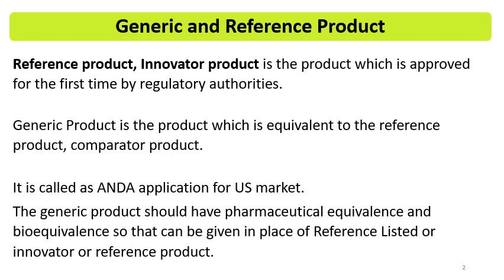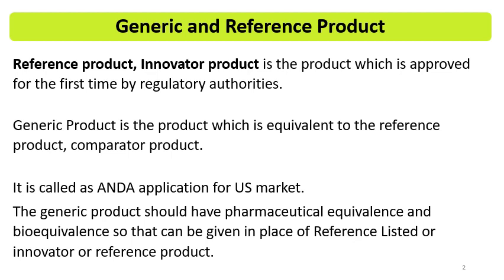See, generic product and reference product you might have heard. So generic product and reference product, we have to understand what is the difference. The reference product or the innovator product, sometimes also called a comparator product, is the product which is approved for the first time by the regulatory authorities.